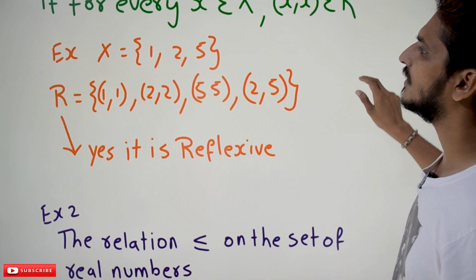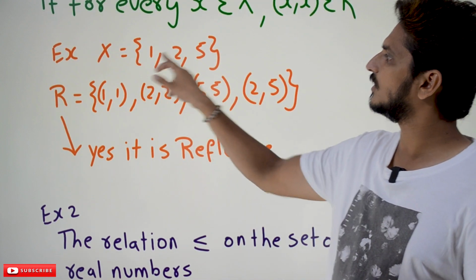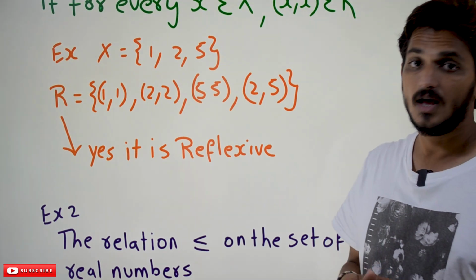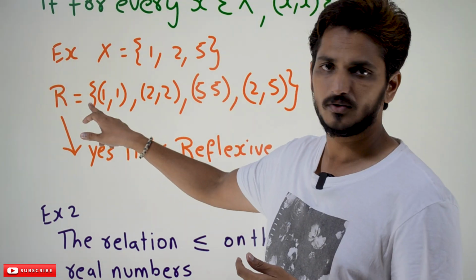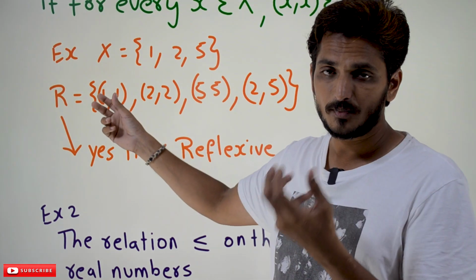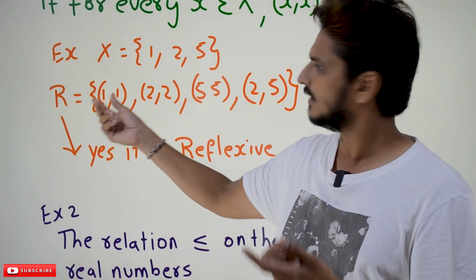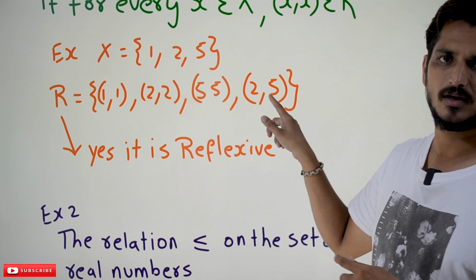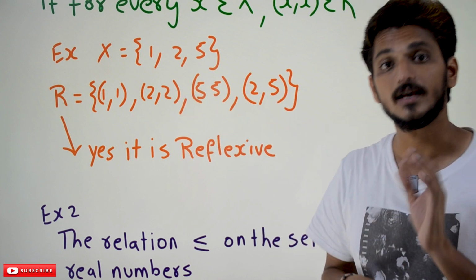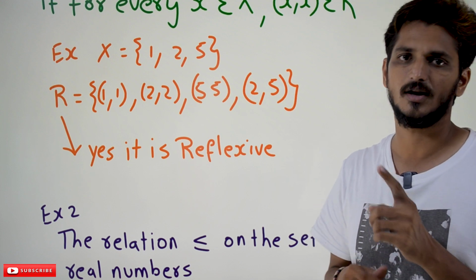Let's take an example. Set X is 1 to 5. On this set, they have given a relation R with the ordered pairs 1 comma 1, 2 comma 2, 5 comma 5, 2 comma 5. Is it a reflexive relation? Yes, it is a reflexive relation. Why?